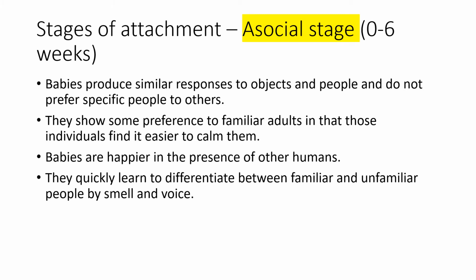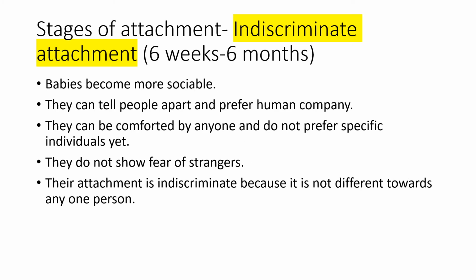So they don't show a preference. They do show some preference, however, to familiar adults in that those individuals find it easier to calm them. Babies are also happier in the presence of other humans, and they quickly learn to differentiate between familiar and unfamiliar people by smell and voice.